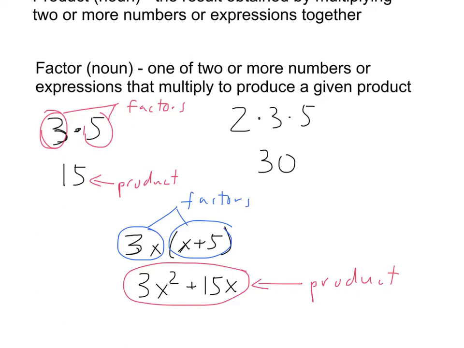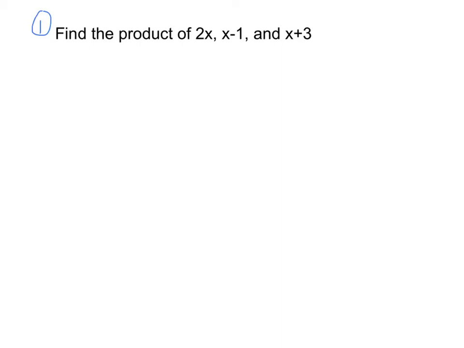Okay, all right, I'd like you to find the product of 2x, x minus 1, and x plus 3. Think about what that word means, and find the product of those three expressions. Go ahead and pause and do that, please. All right, so this should not have been too difficult. We're basically going to find the product of these three factors.